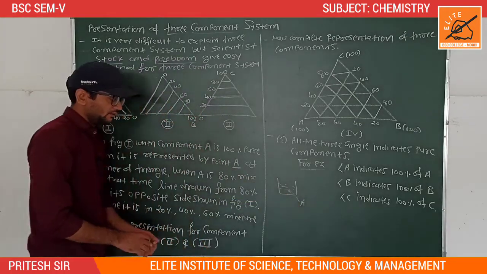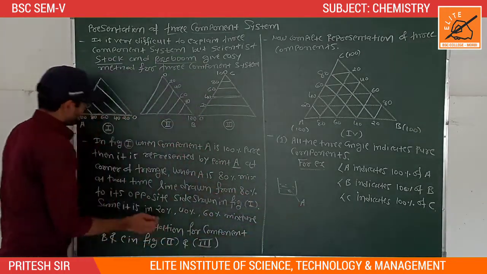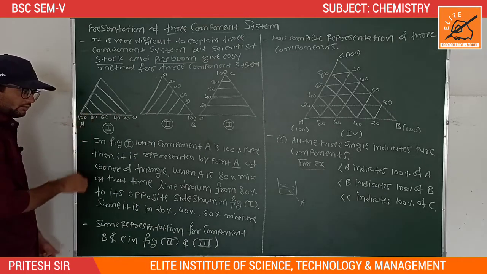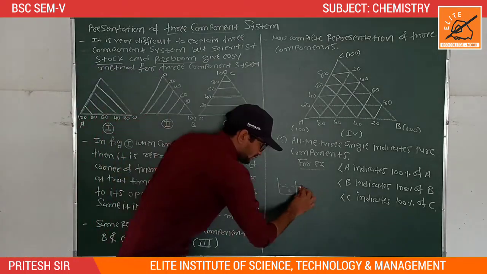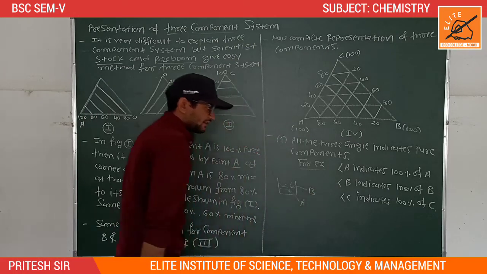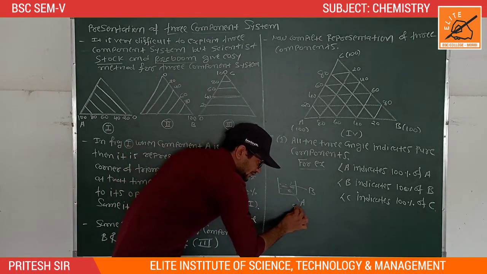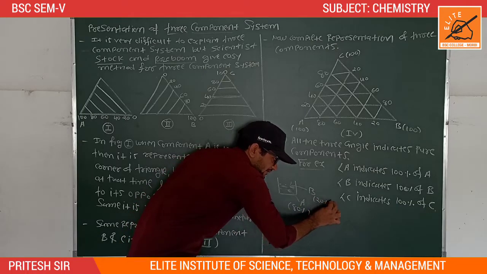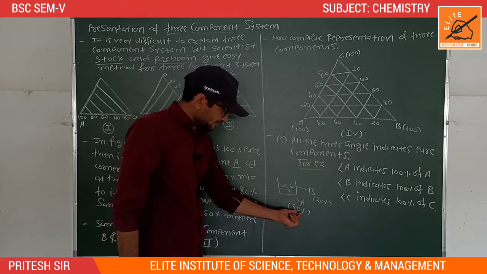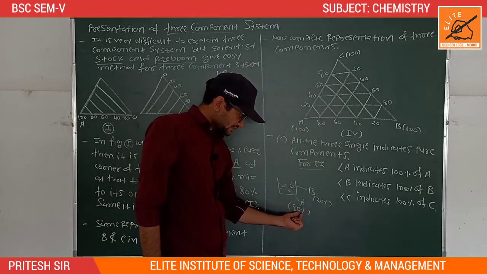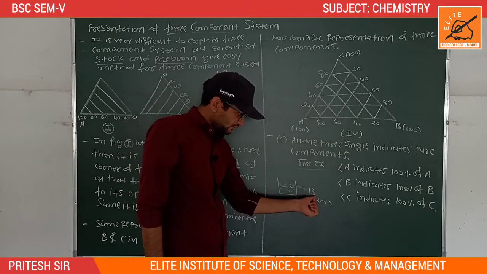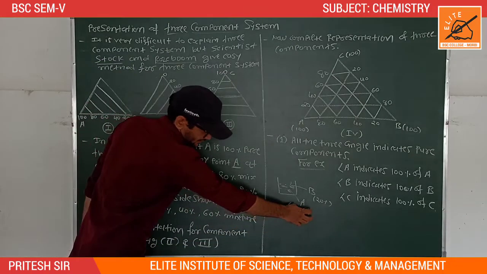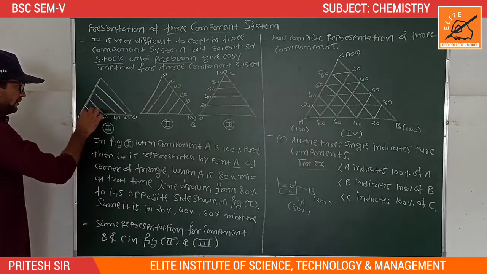So we denote this A at the left corner of the triangle. If A and B are mixed, suppose A is 80% and B is 20%, then the composition of A is 80% and the composition of B is 20%.